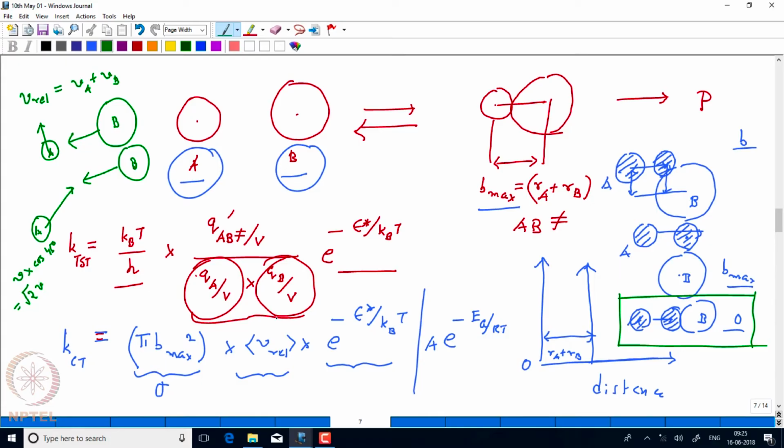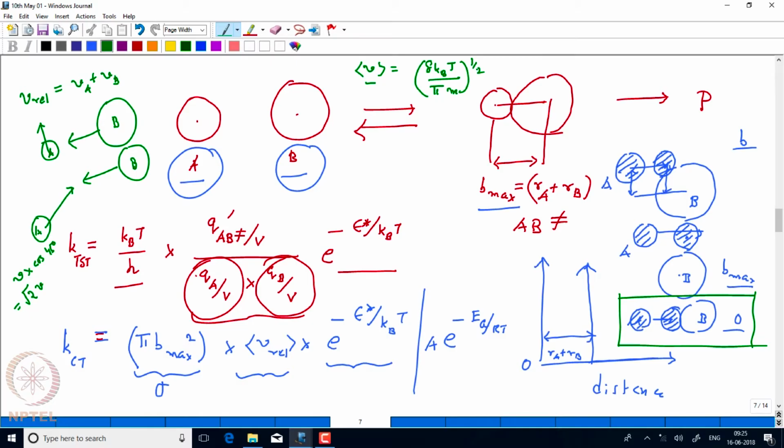Now you know that there is a relative average velocity expression. The average velocity expression comes from the Maxwell-Boltzmann distribution of molecular speed. I should not call it a velocity, it is basically the average speed. Now that expression has a form something like this: 8 kBT by pi m raised to the half.